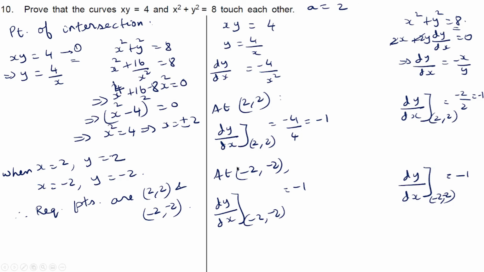So it means the tangents to this curve and this curve are the same, and these two tangents are parallel. It means these two curves touch each other. Therefore, the curves touch each other. They do not intersect, they just touch each other.